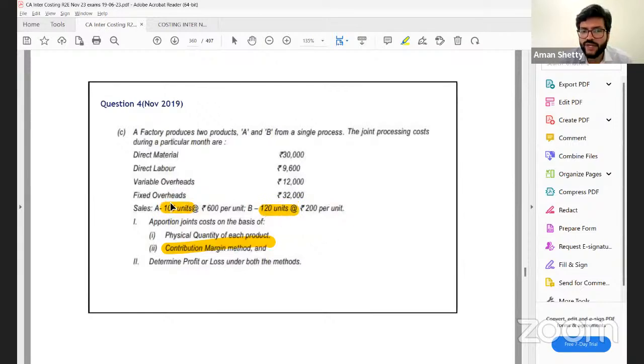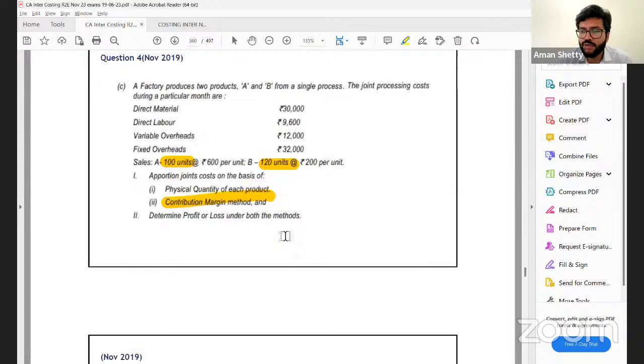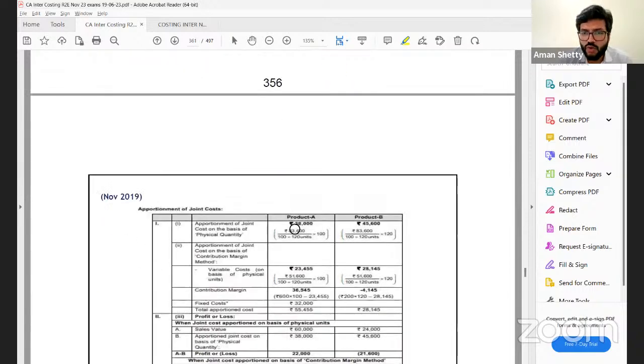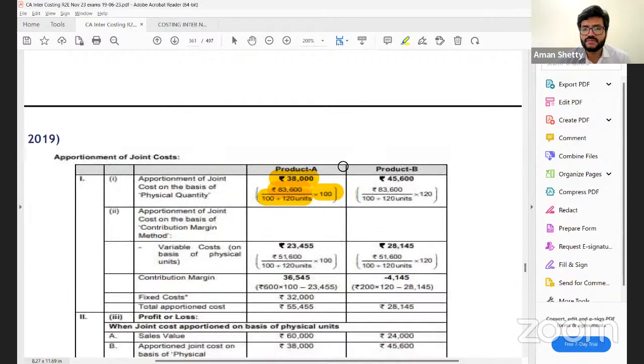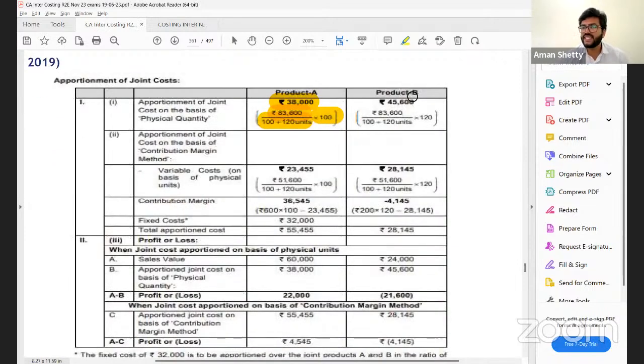So divided by 220 into 100, divided by 220 into 120. So total joint cost 83,600 divided by 220 into 100, you get the joint cost of product A. Same way you do for product B, share of joint cost. Okay, next.